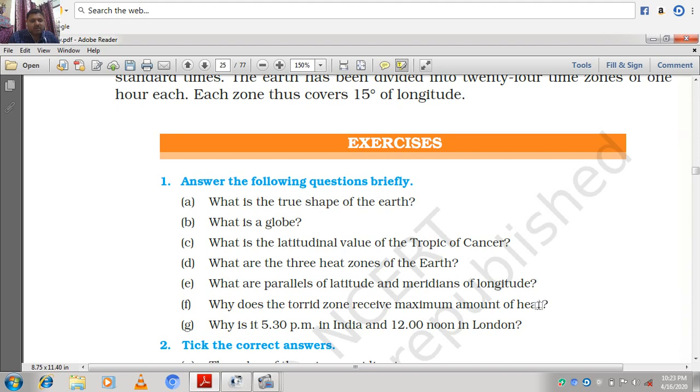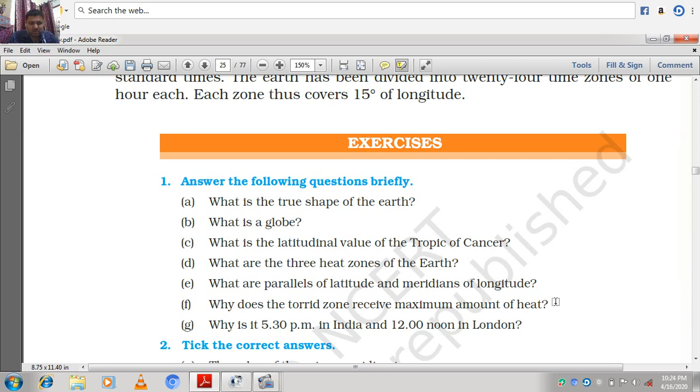So what will you write in your answer? The torrid zone receives sunlight for the maximum time.